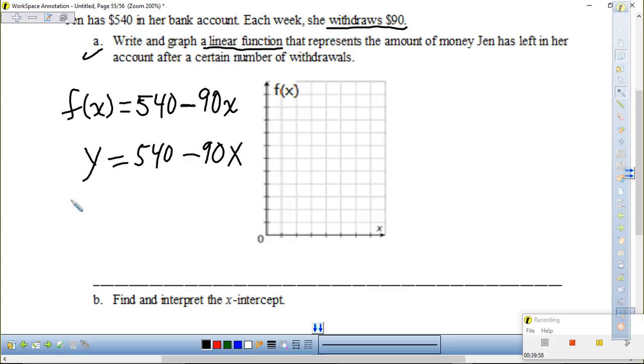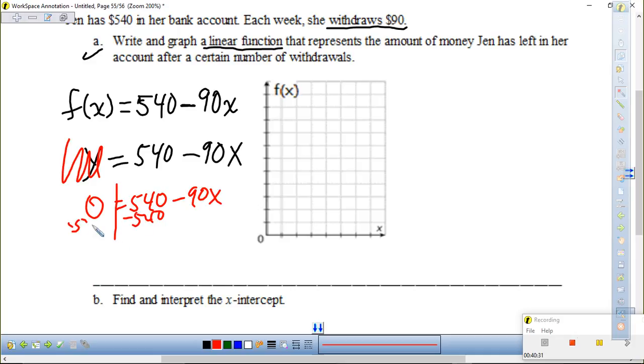What method do we use? Very good. Cover-up method. We cover up the y. What do we have left? 0 equals 540 minus 90x. Can we find x from there? Yes. All right, good. So I subtract 540, subtract 540.